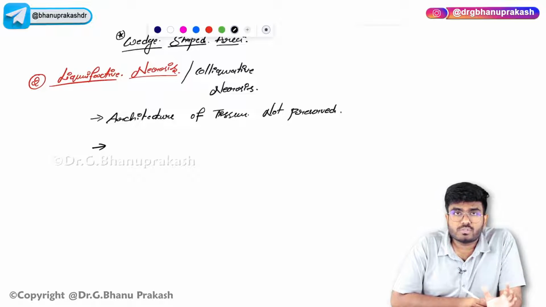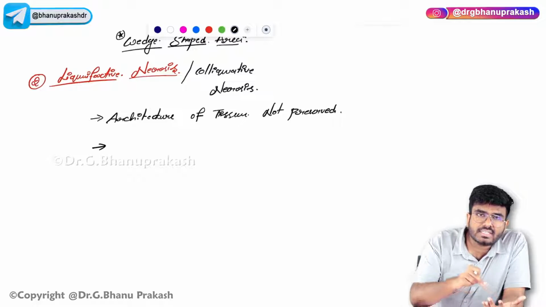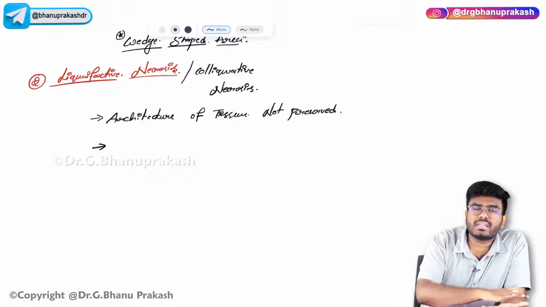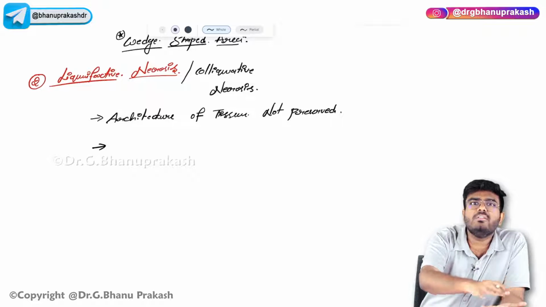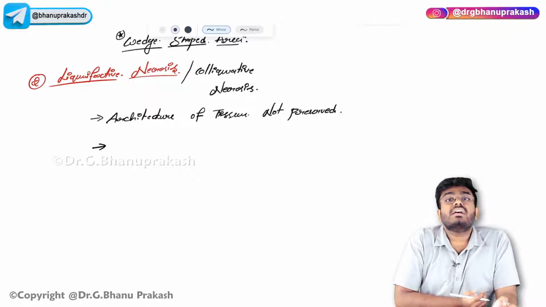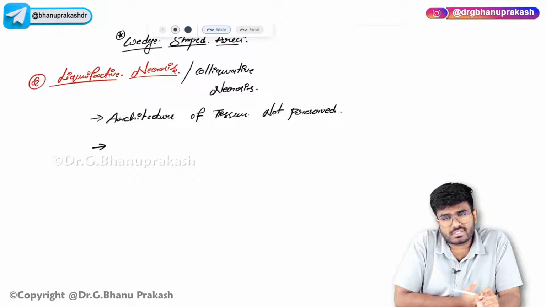In liquefactive necrosis, do you know what exactly is happening? After the death of the tissue, you take that sample and put it under the microscope. You cannot identify the cell architecture. You cannot see anything over there. It's totally liquefied, like liquid. The architecture is not preserved. In solid organs, coagulative necrosis is seen.